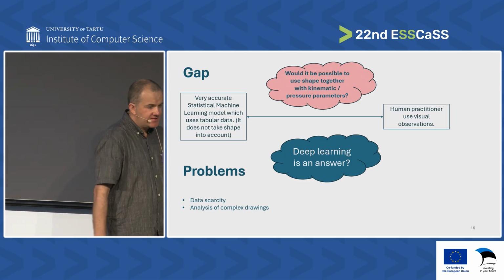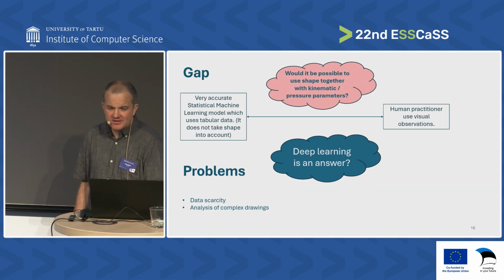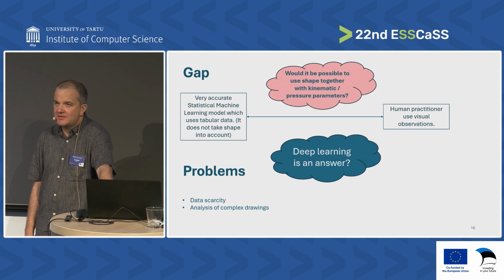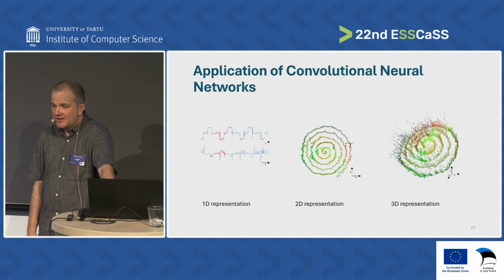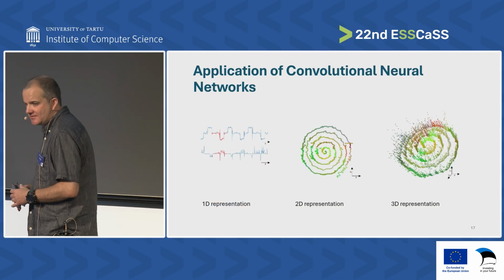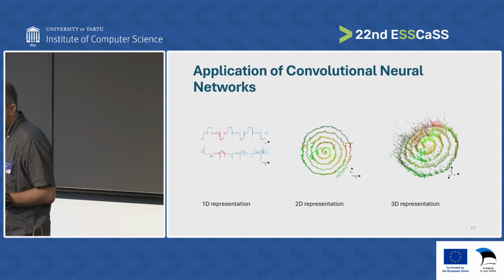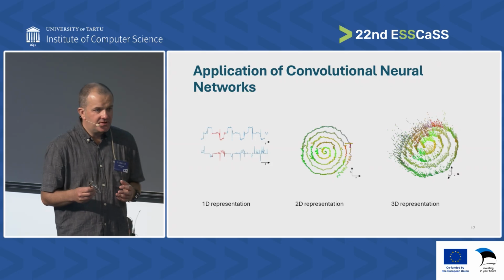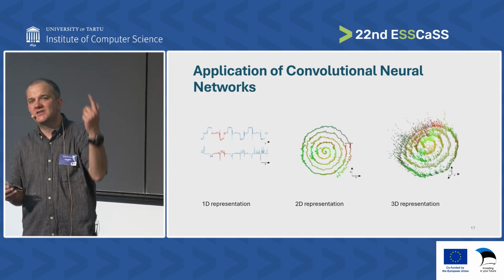And still, analysis of complex images. So let's talk about what we have already done in the area using deep learning, and let's see if it answers the question or not. So we can have different representations. And also, my personal dream when I started this work with a few PhD students was, okay, we have a shape, but the shape is black and white.